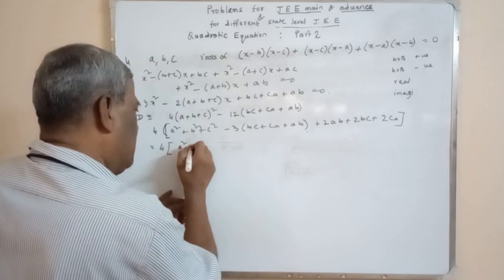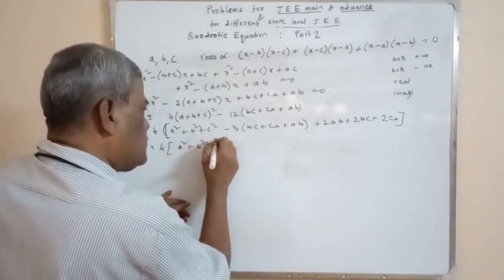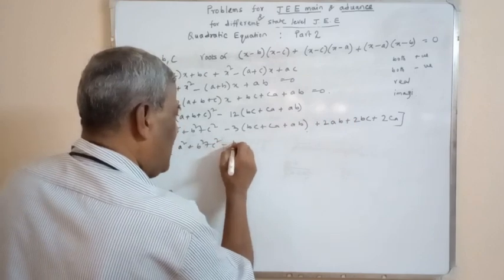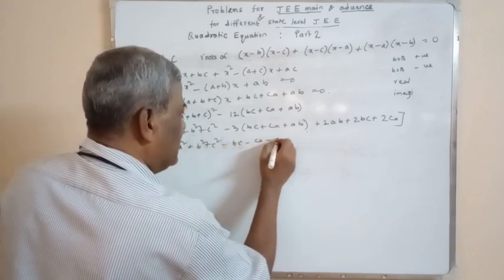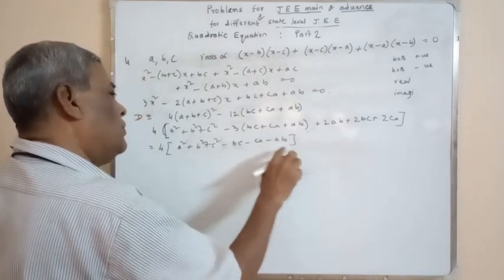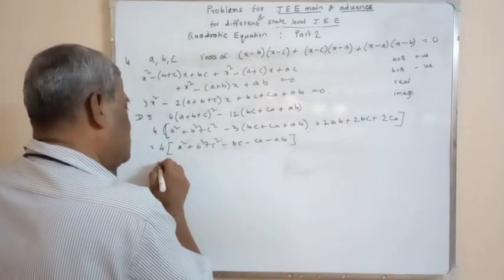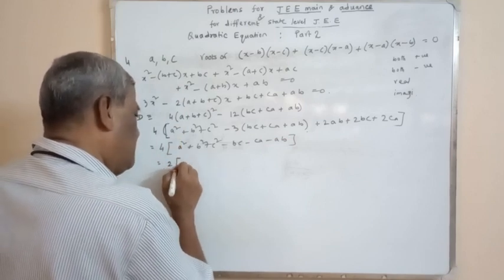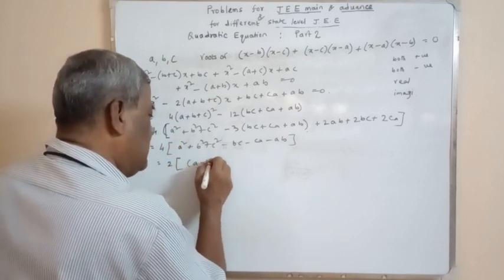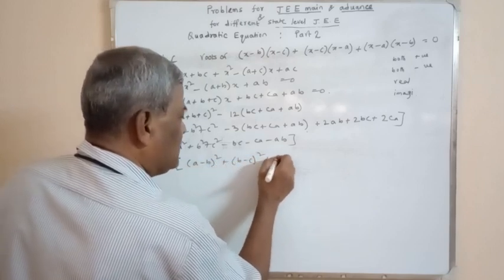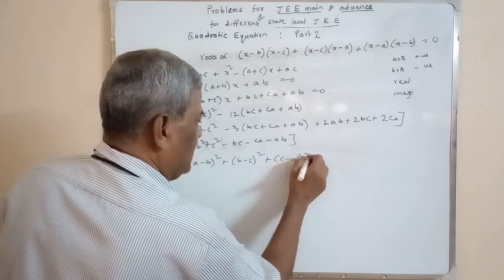So it is a square plus b square plus c square minus ab minus bc minus ca. It is a very known expression, equal to half of [(a minus b) whole square plus (b minus c) whole square plus (c minus a) whole square].